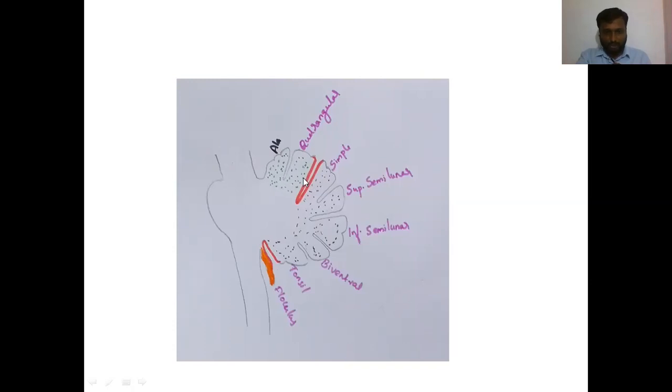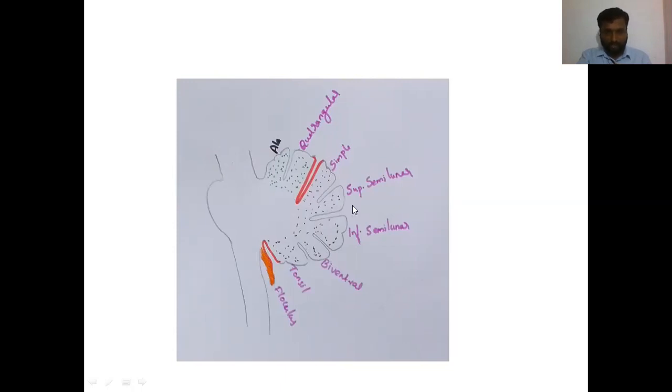Now this dotted area is the anterior lobe. Then this area is the middle lobe. Now this colored, thin one is the flocculonodular lobe.